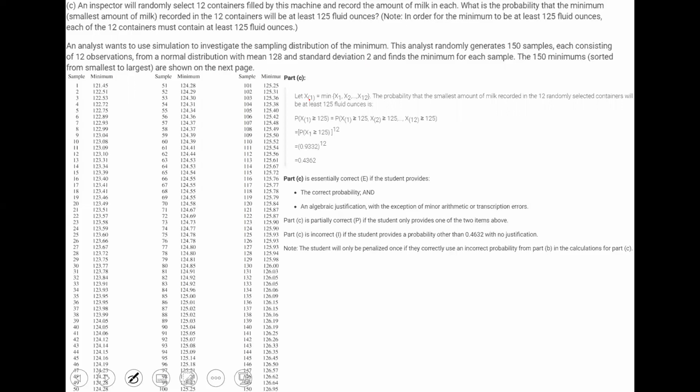Well, so we have to see how many there are. Let's see, at least 125 ounces. So here, okay, I'm a little confused here. Smallest.